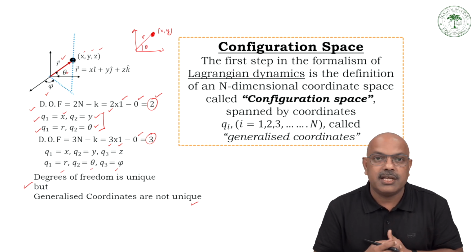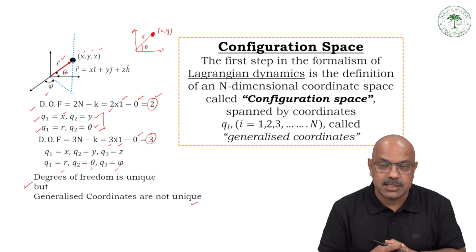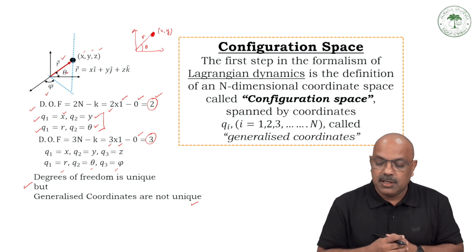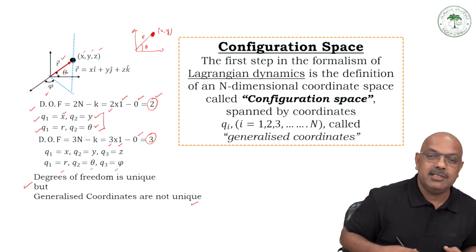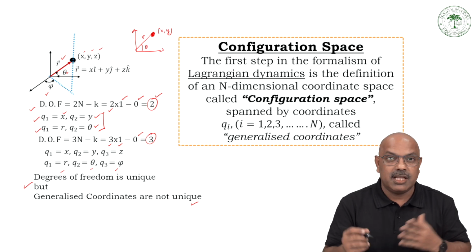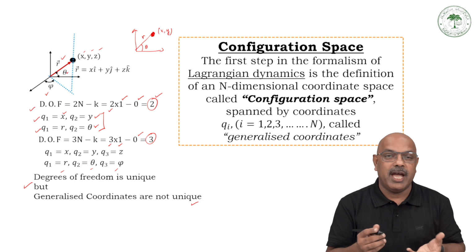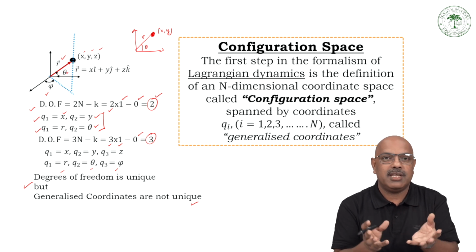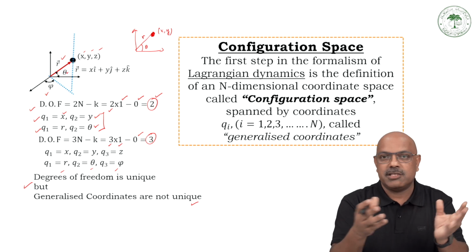The next concept is the configuration space. This is very important because the first step in the formalism of Lagrangian dynamics is the definition of this configuration space. Configuration space is nothing but the space which is scanned by the generalized coordinates. You define everything in terms of Cartesian coordinates, which are your physical coordinates x, y, and z.